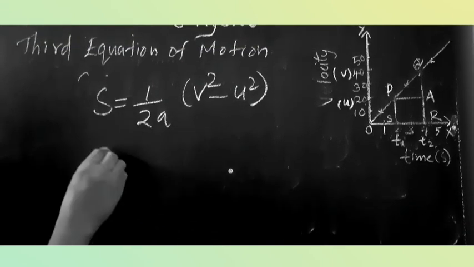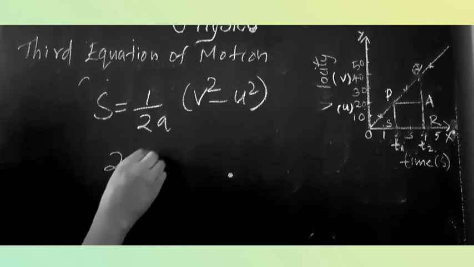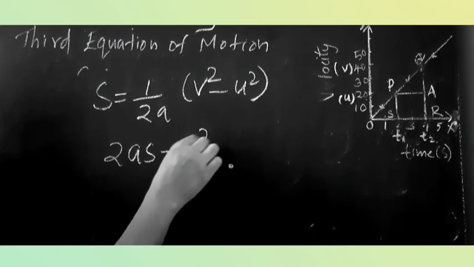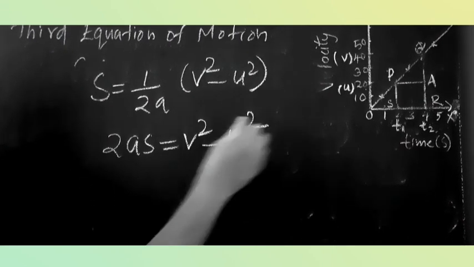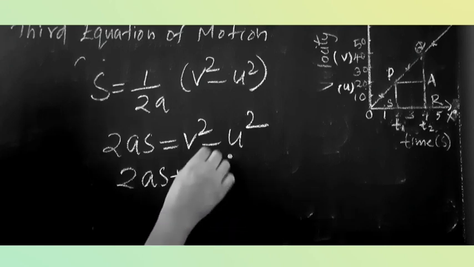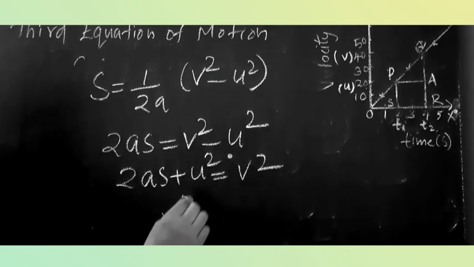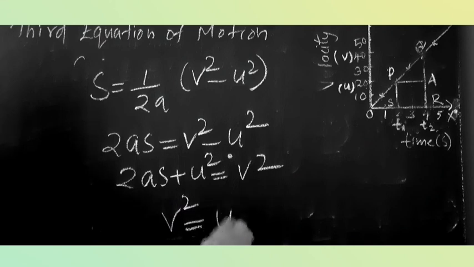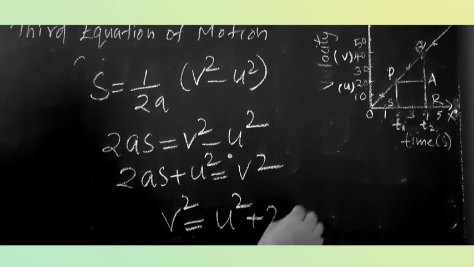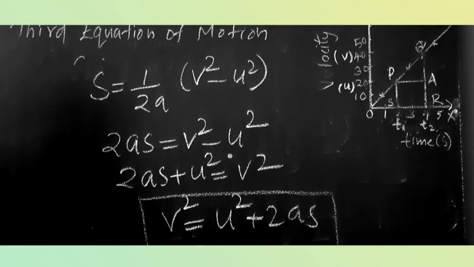By cross multiplying, 2as is equal to v square minus u square, or 2as plus u square is equal to v square. That is, v square is equal to u square plus 2as. This is our third equation of motion.